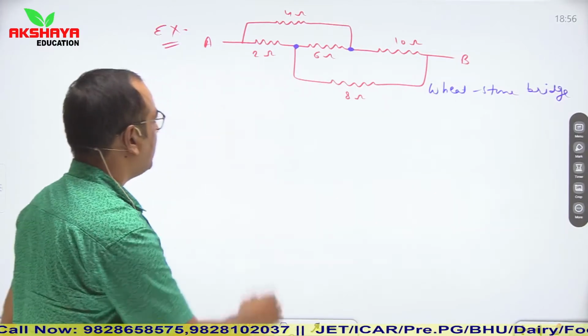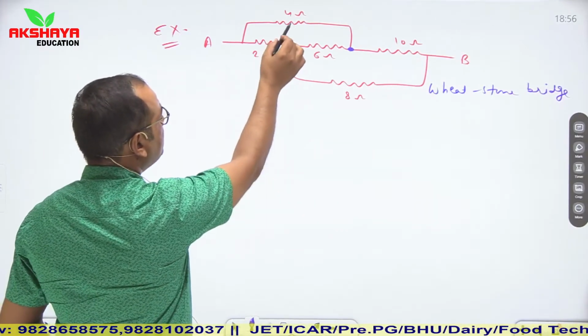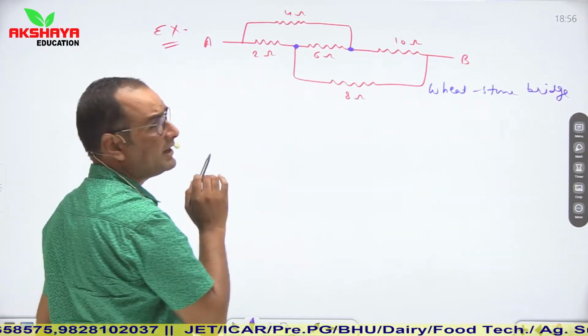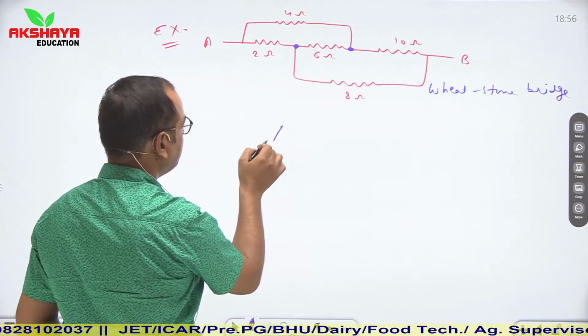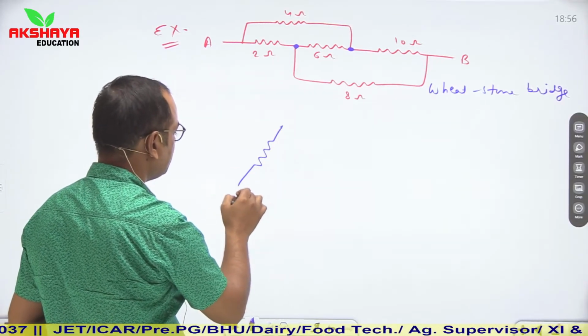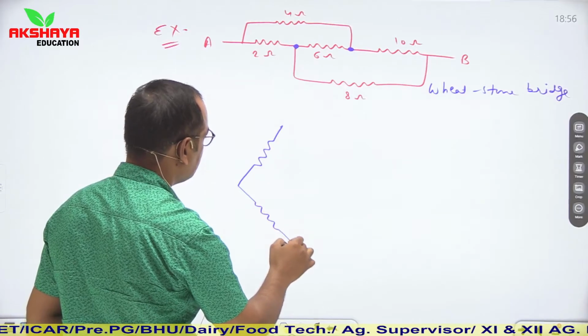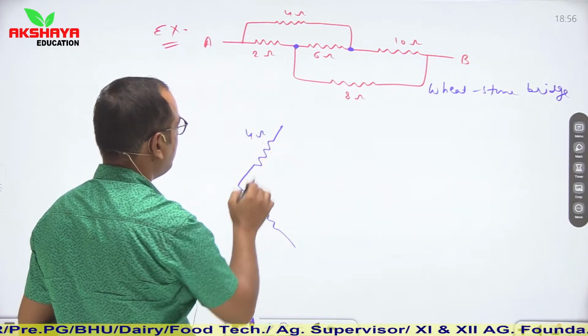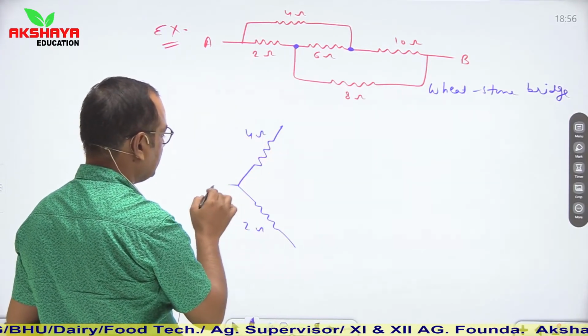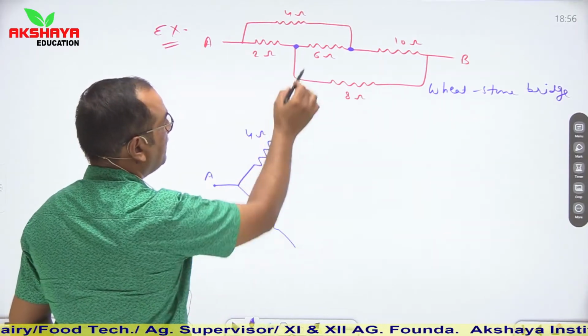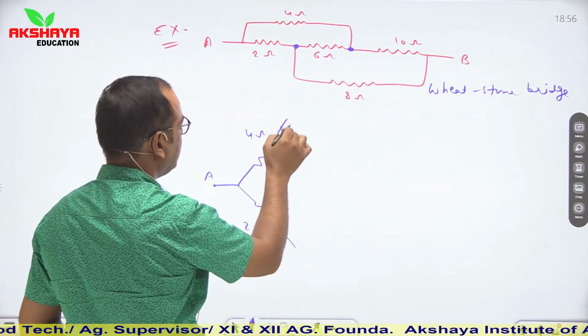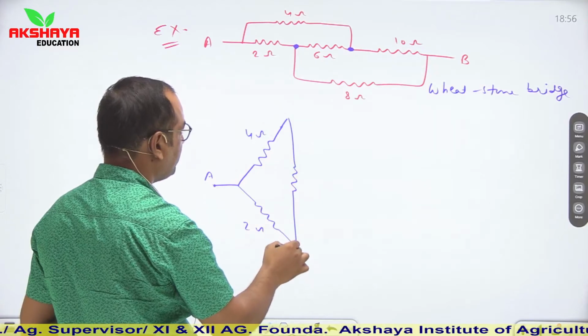So let us see in this combination. These 4 ohms and 2 ohms are connected in these branches like this. So let us say this is of 4 ohm, this is of 2 ohms, and this is that terminal A. This 6 ohm resistance is connected between these two ends.